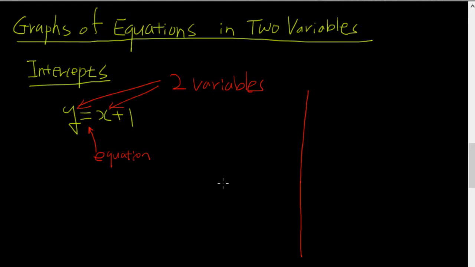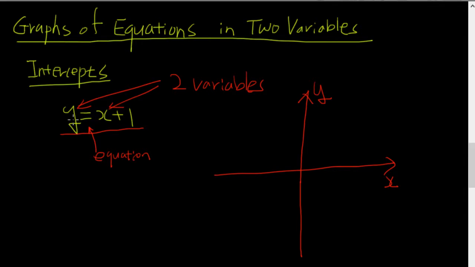If we have the x-axis and y-axis, this equation is going to exist in this coordinate system, in two-dimensional space. This is considered a linear equation since we have two variables, but the exponent of both variables is 1.